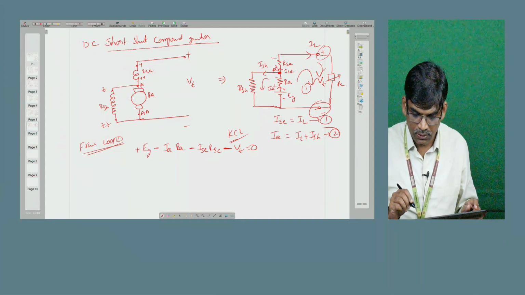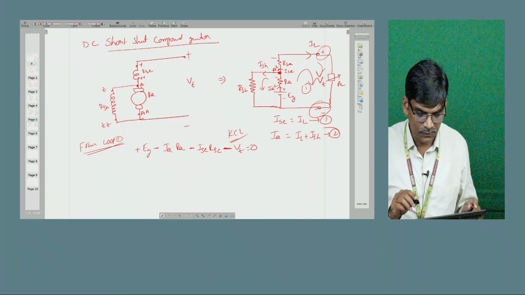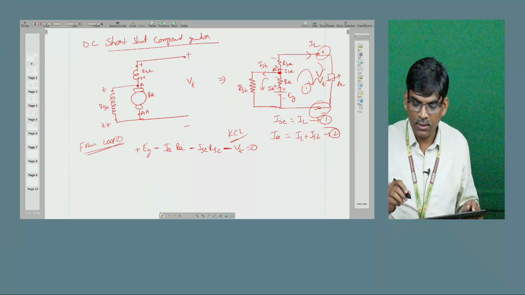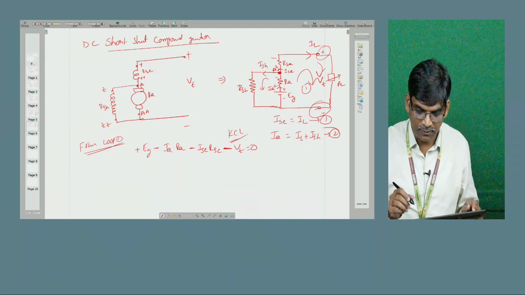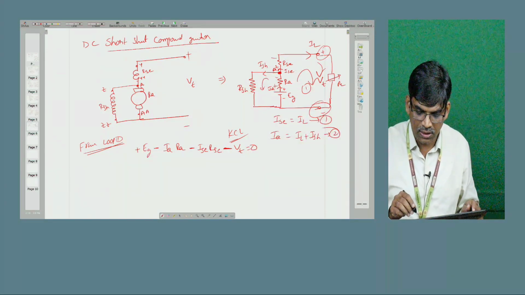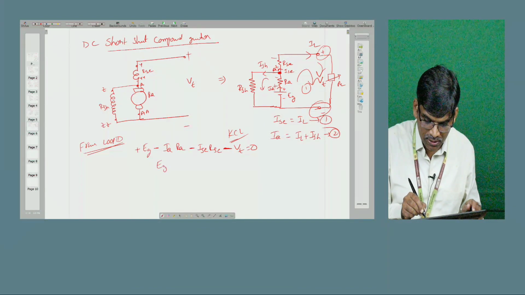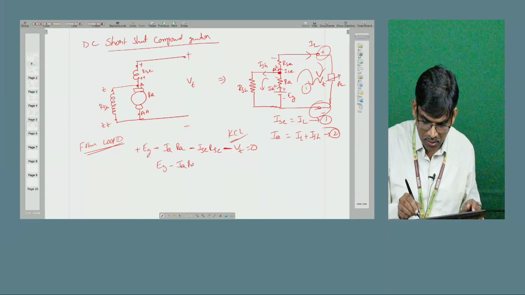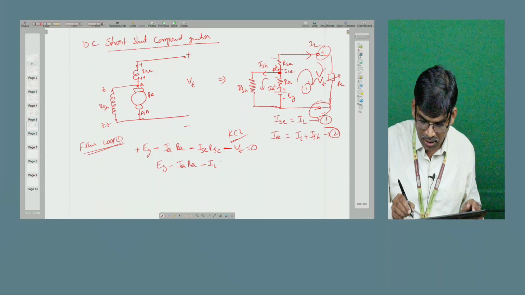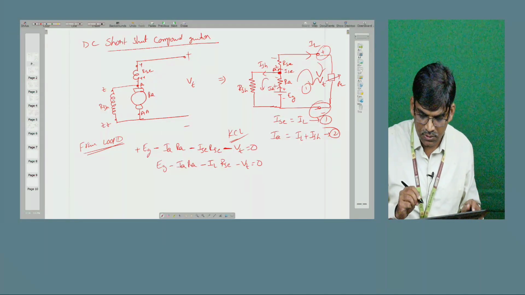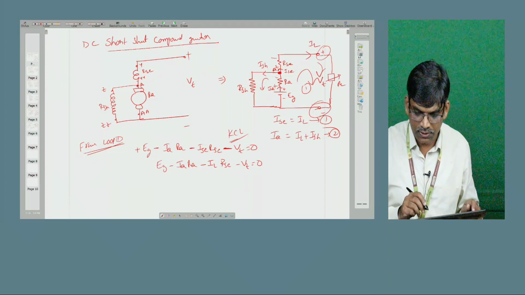This is one of the equations. IS is nothing but IL, so you can also write it as EZ minus IA RA minus IL RSC minus Vt equal to 0. This is the other form of the equation.